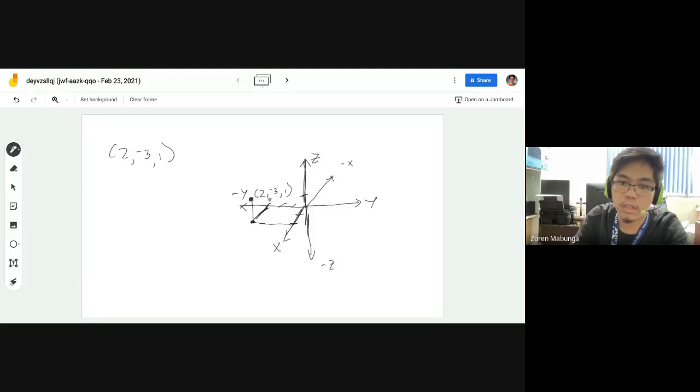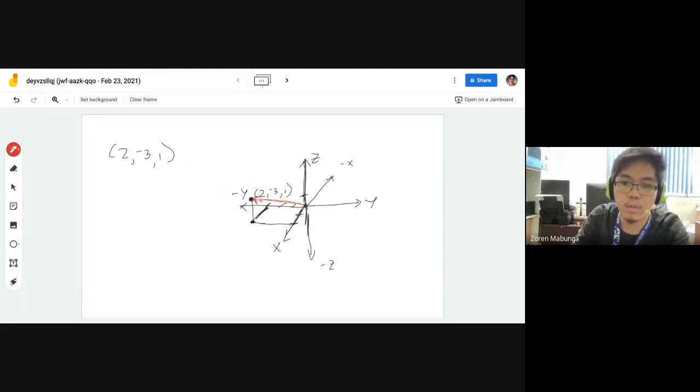So, ang gagawin mo lang dyan, gumawa ka ng arrow from the origin. So, simula dito. Palitan ng kulay dito. Ayun. So, simula sa origin, papunta dun sa point para ma-represent mo yung vector. And then, lagyan mo ng arrow. So, itong arrow na to, nire-represent niya na ngayon yung vector at point 2, negative 3, 1.